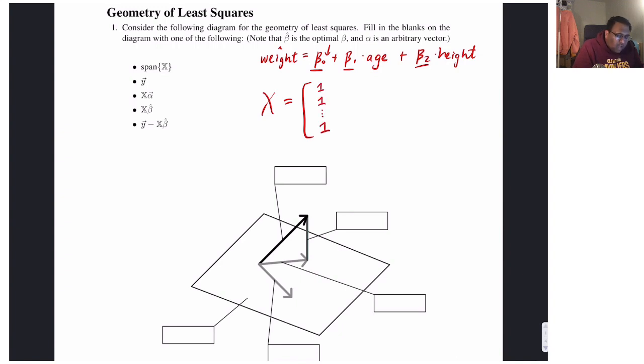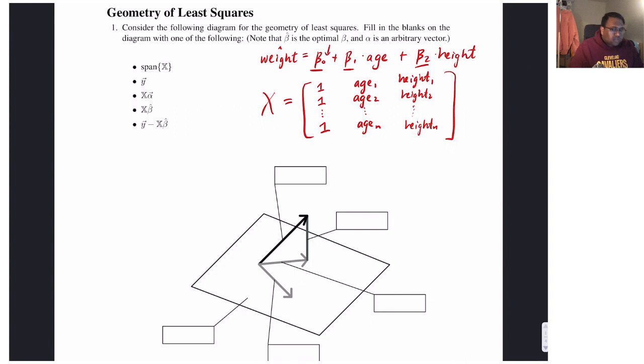And that will allow me to have this intercept or bias term beta naught. My next column will be a column of everyone's age, so age 1, age 2, so on and so forth, till age n, right? Because I have n observations. And my third column will be everyone's height. So height 1, height 2, so on and so forth until height n.